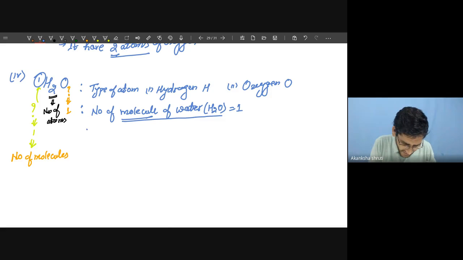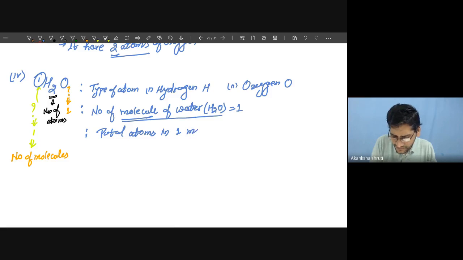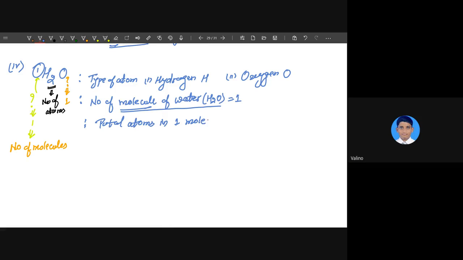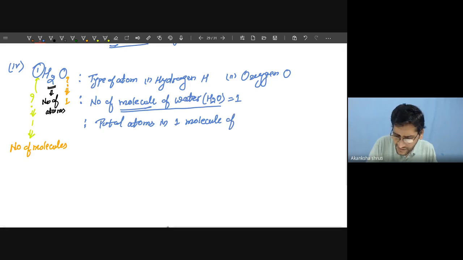Okay, student? So the total atoms in one molecule of water, what will it be? 3. Very good. This is obtained by counting the number of hydrogen atoms.